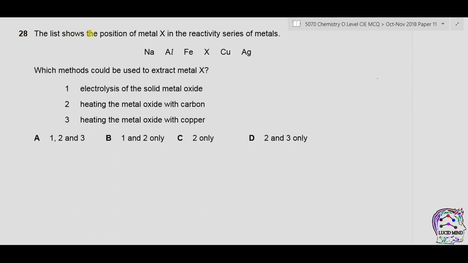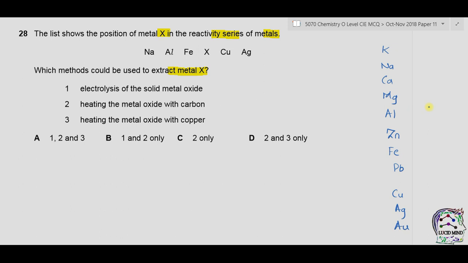Question 28. The list shows the position of metal X in the reactivity series of metals. Which method could be used to extract metal X? Now in the reactivity series you have to remember we have potassium, sodium, calcium, magnesium, aluminum, then we have zinc, iron, lead, then copper, silver and gold.